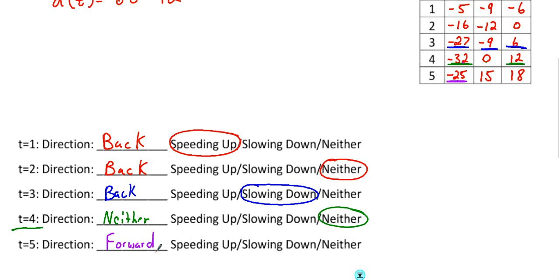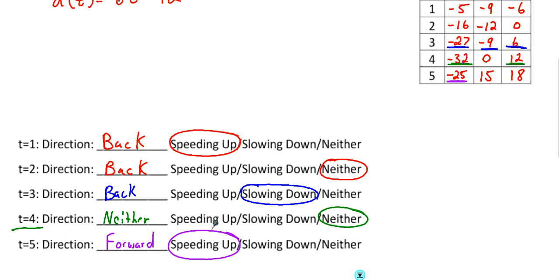And my velocity is positive, which means I'm now moving forward. It'd be like putting it into drive. My acceleration is also positive, so I'm accelerating in the positive direction while I'm going forward. Since they're the same sign, that means that I am speeding up.